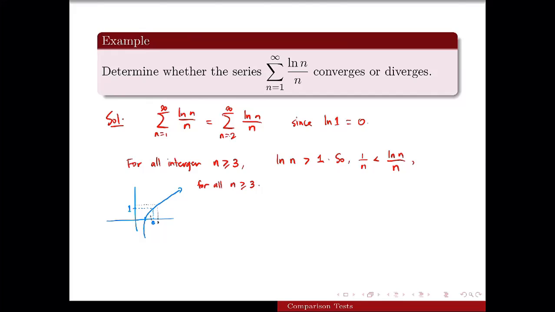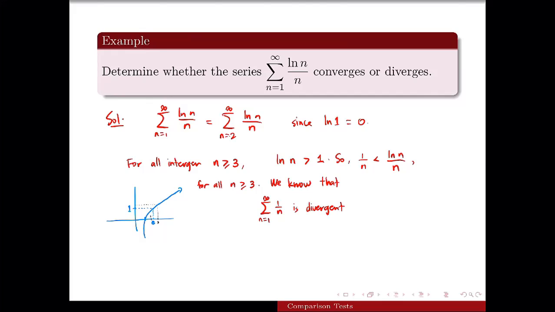We know that the harmonic series, 1 over n from 1 up to plus infinity, is divergent.